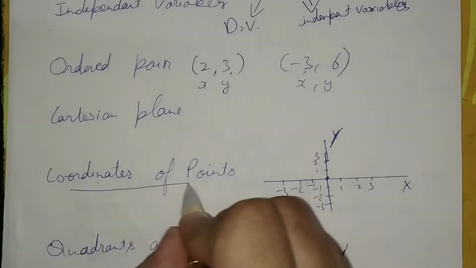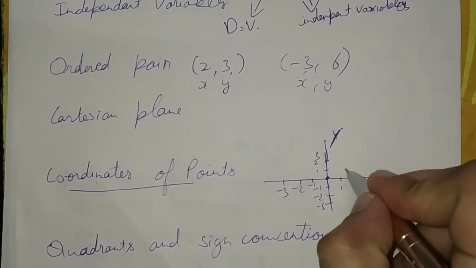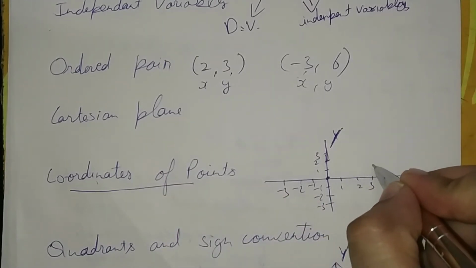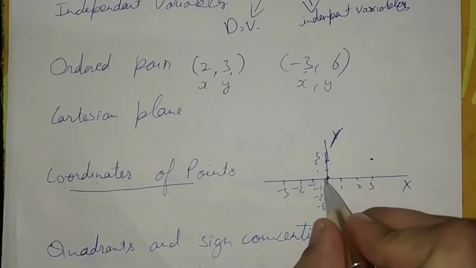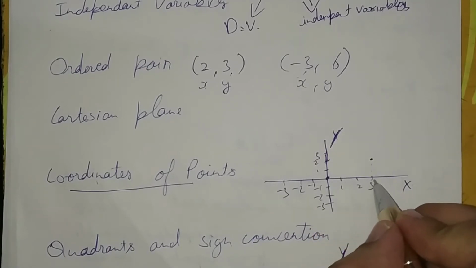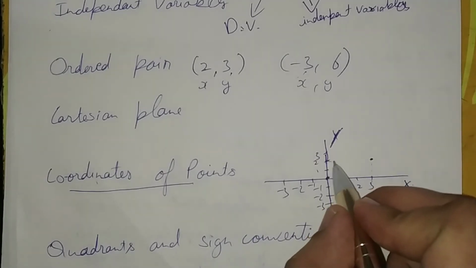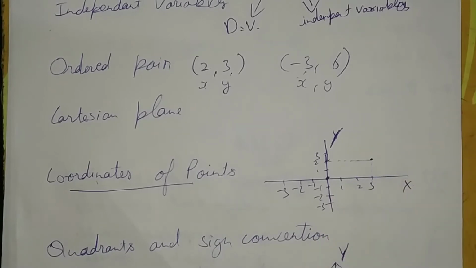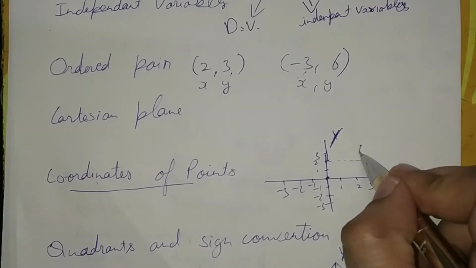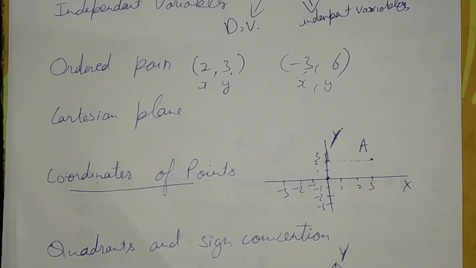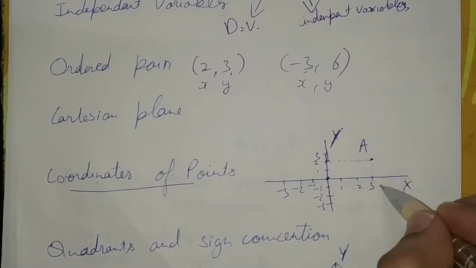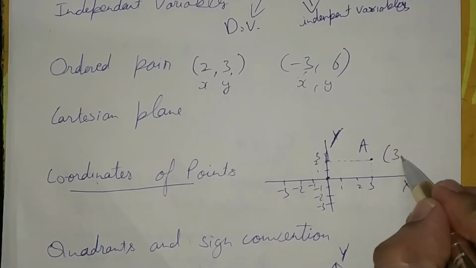Now coordinates of a point. For example, our point is somewhere here. Here x is 3, y is 2. So how to write the coordinates of this particular point A? These coordinates are (3, 2).